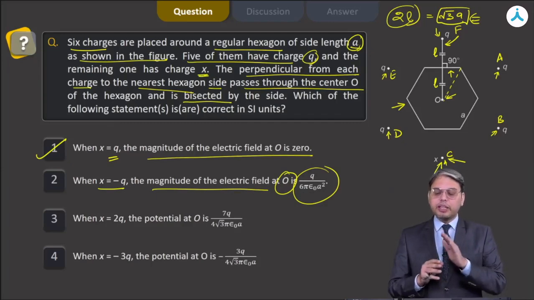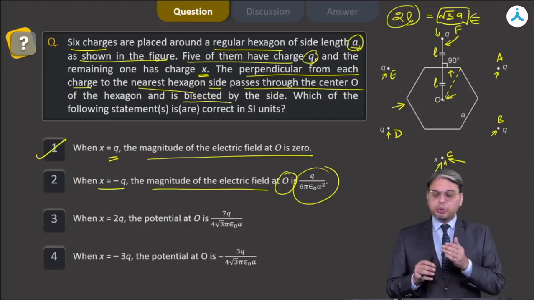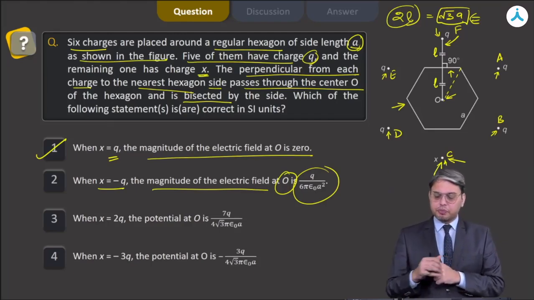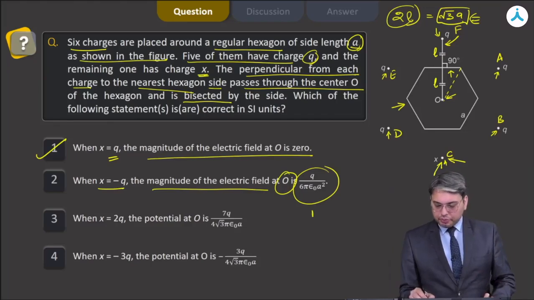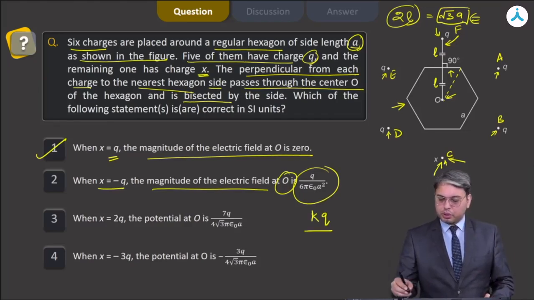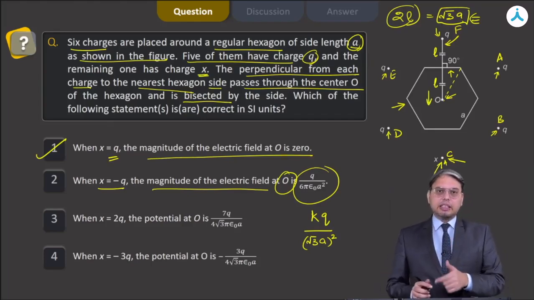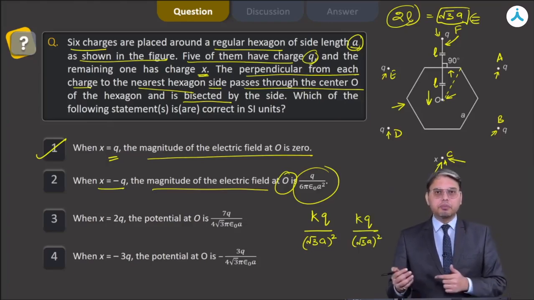Fine. So the only components that would be there at the center O are due to the charge F and the charge C. Due to charge F, the electric field at point O would be K Q upon root 3A whole square in the downward direction. Because of the charge C at point O, the electric field would be K Q upon root 3A whole square, again in the downward direction.